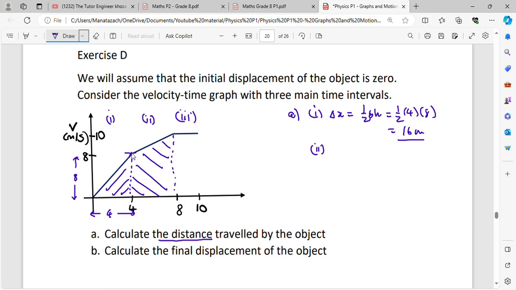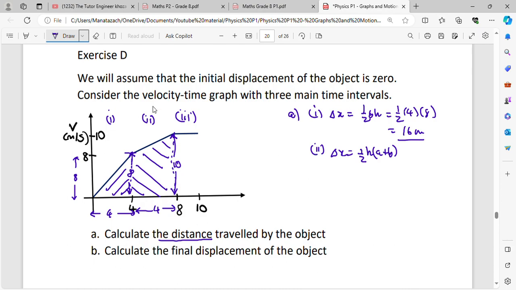This side is 8 meters, and then this side here is 10 meters per second, and then the height in between them is 4 seconds, between 8 and 4, 4 seconds. So now the area of a trapezium is half height times A plus B, right?